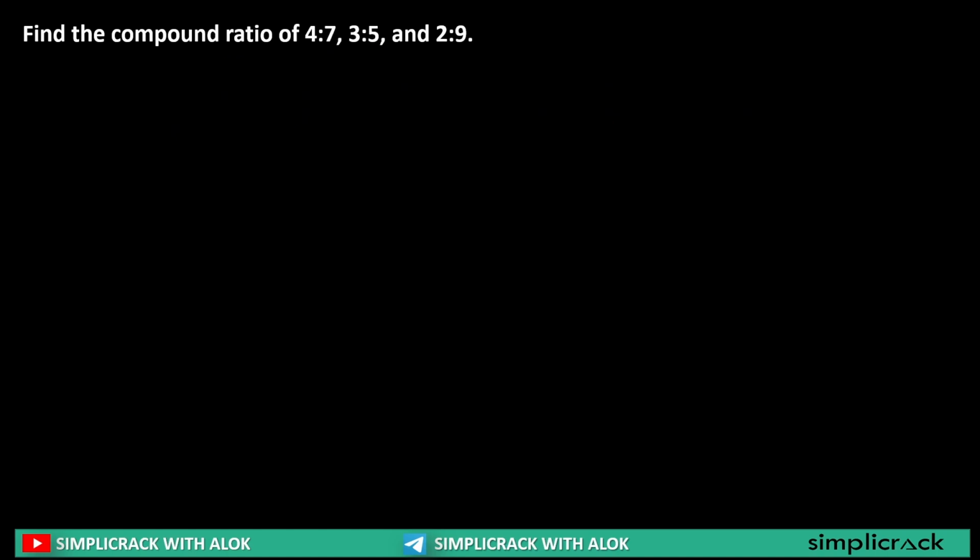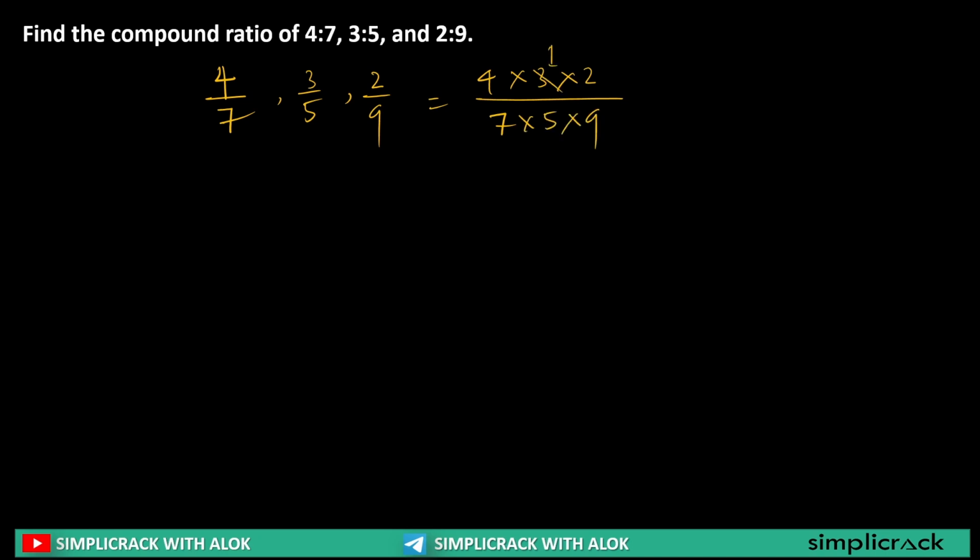Now the next question, sir, find the compound ratio of 4 by 7, 3 by 5 and 2 by 9. So 4:7 can be written as 4 by 7, 3:5 can be written as 3 by 5, and 2:9 can be written as 2 by 9. So this can be solved as 4 multiplied by 3 multiplied by 2 divided by 7 multiplied by 5 multiplied by 9. Now 3 can be divided by 3, I can get 1, and 9 can be divided by 3, I can get 3.